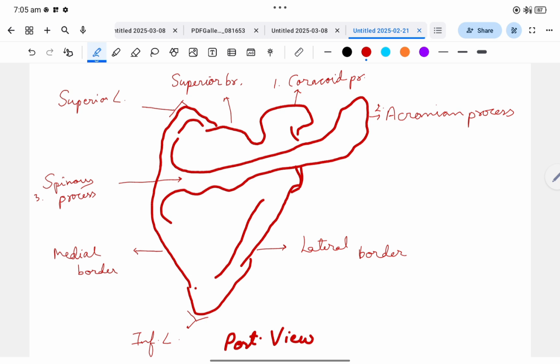And the other one is the glenoid angle or lateral angle. So this one is our lateral angle. And this is the posterior view of the right scapula.